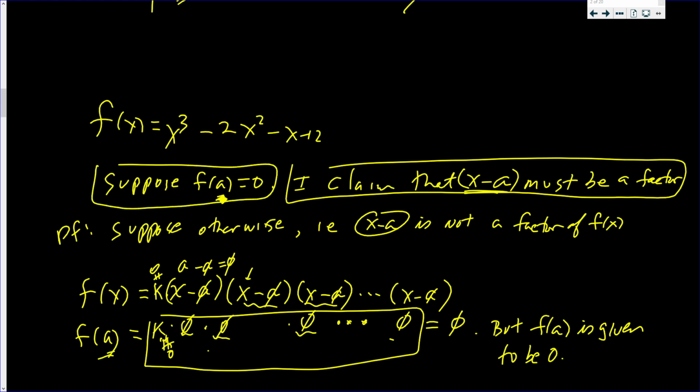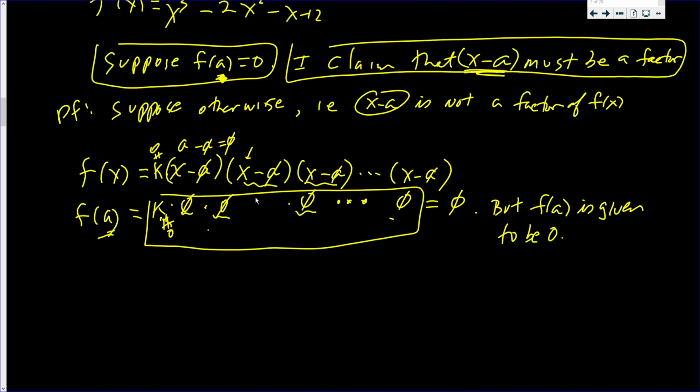Suppose f of a is 0. I claim that x minus a must be a factor. So I tried my best not to have x minus a as a factor, but it didn't work. It led to a contradiction. This symbol means a contradiction.